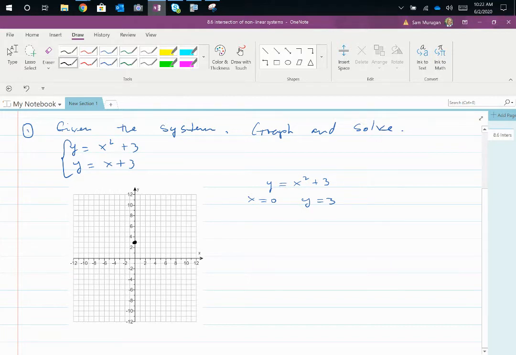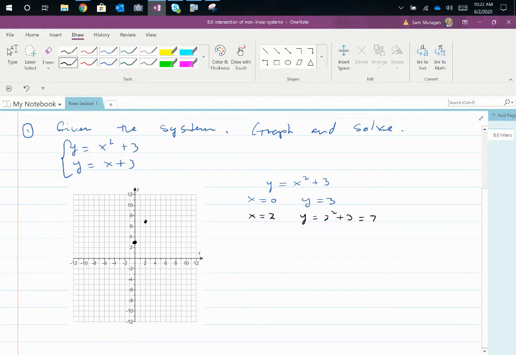And then we pick a point to the right and a point to the left. Say when x is equal to 2, y is equal to 2 squared plus 3, which is 7. So 2 and 7 would be a point.